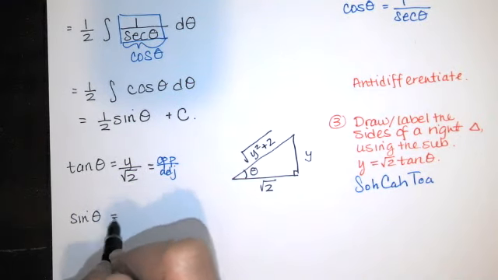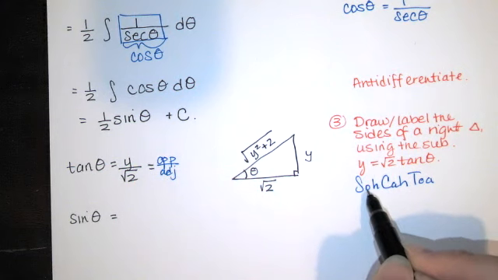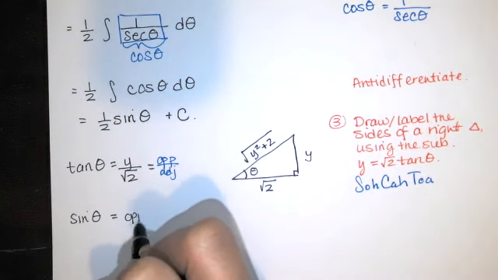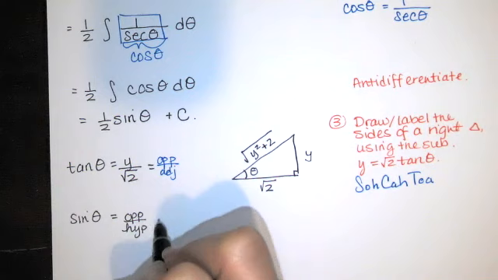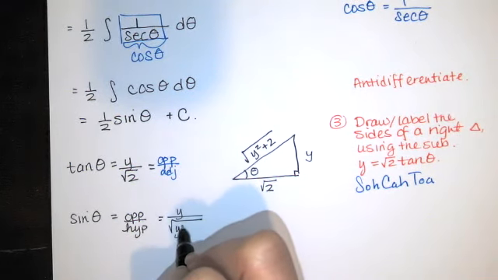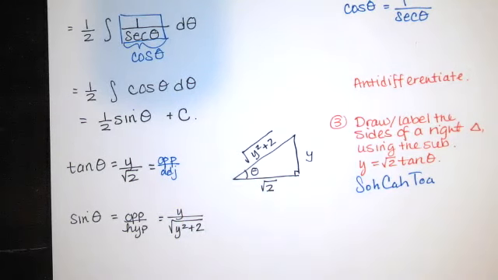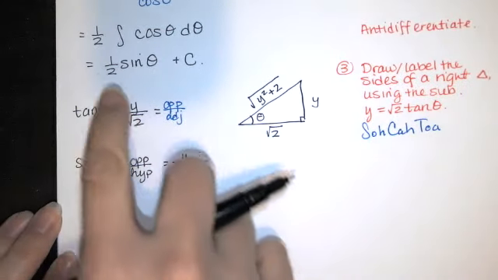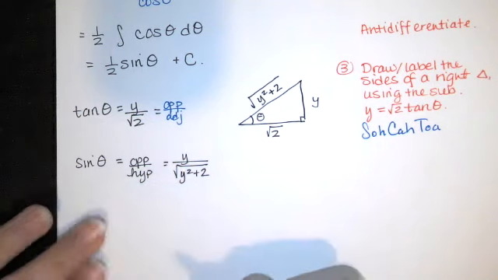So we've got sine of theta here. According to SOHCAHTOA, that's opposite over hypotenuse. The opposite side is y, when the hypotenuse is square root of y squared plus 2. And we want 1/2 of that. That's our answer.